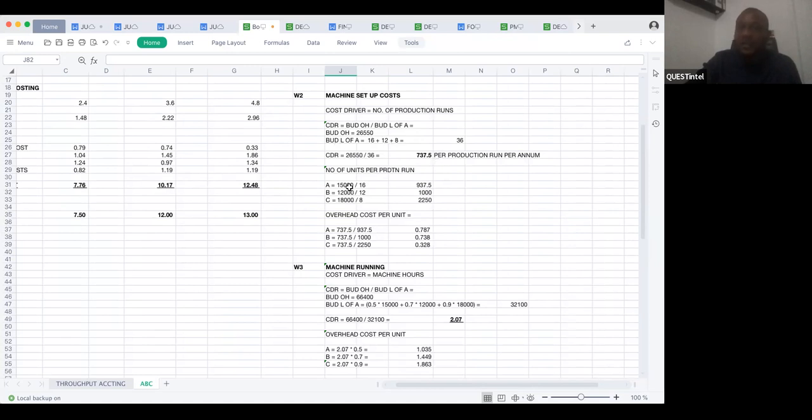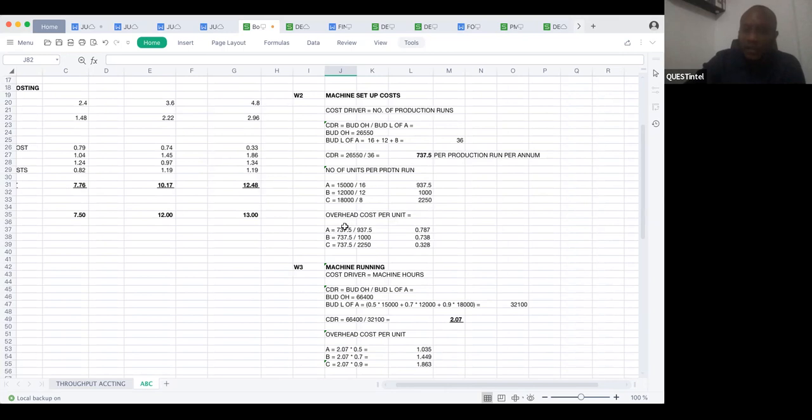And then we now start doing how many units do we have in each production run. So if we have a total of 15,000 units for A and 16 production runs, then our average number of units in one production run was 937.5.